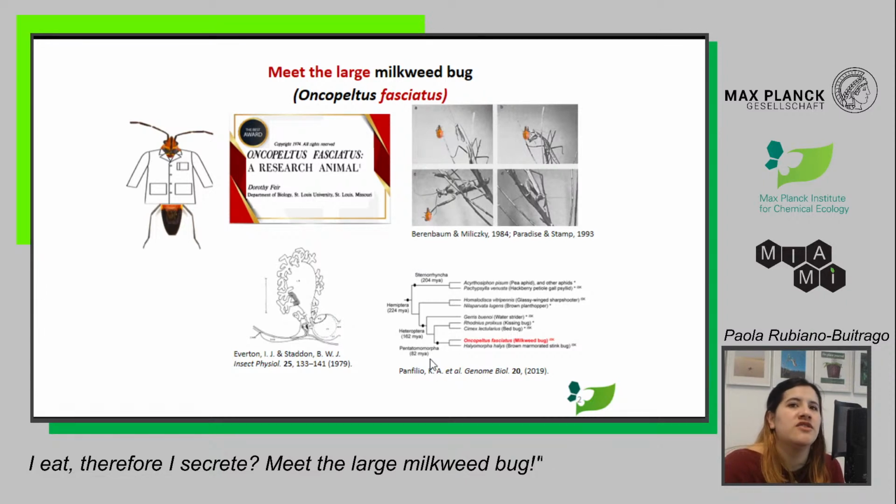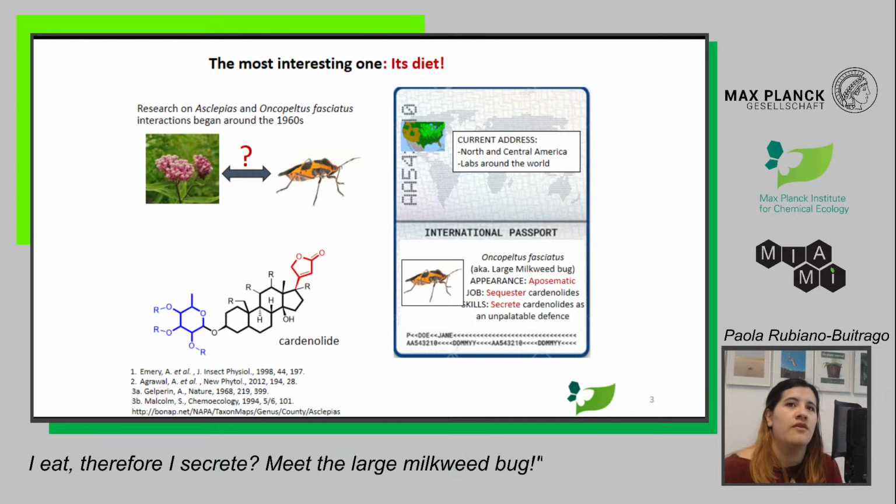You can also, through their genome, understand how the evolution of the feeding ecology of bugs has been growing along the way. And on an interesting note, you can also use them as a model prey to understand the behavior of certain predators. But what I wanted to talk about this morning, one thing that I'm really interested in, is their connection through the diet.